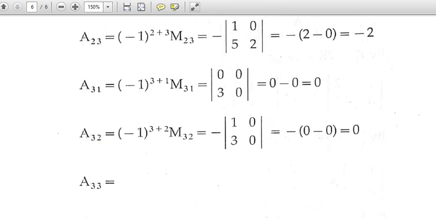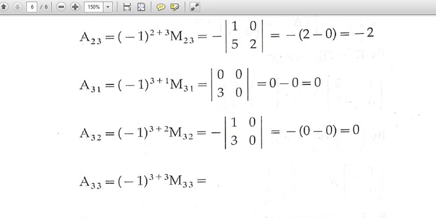Now the last cofactor is A33, which is equal to minus 1 raised to 3 plus 3 into M33. Now minus 1 raised to 3 plus 3 is minus 1 raised to 6, and minus 1 raised to 6 is an even number, therefore the sign will be plus, into M33.